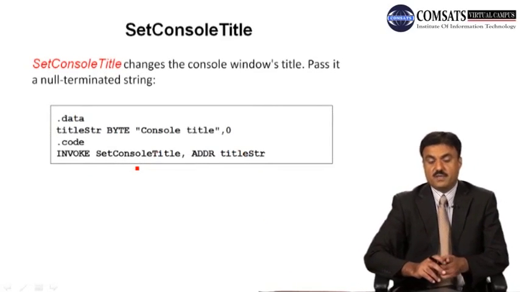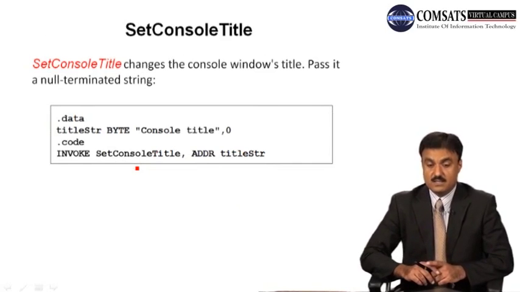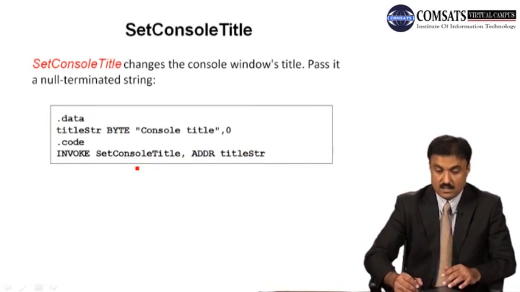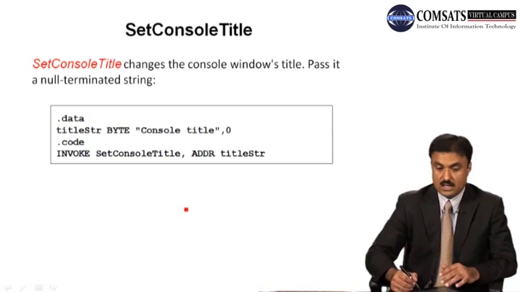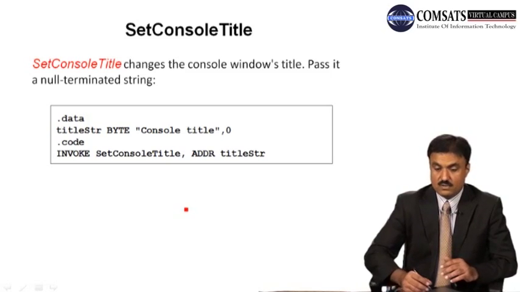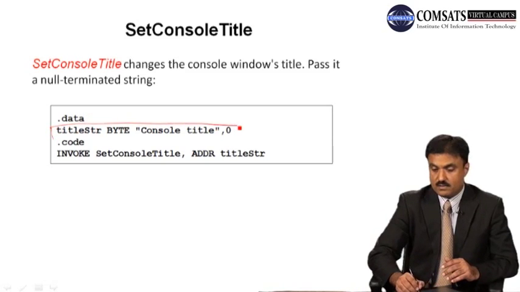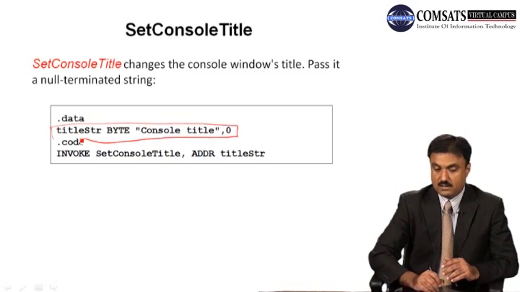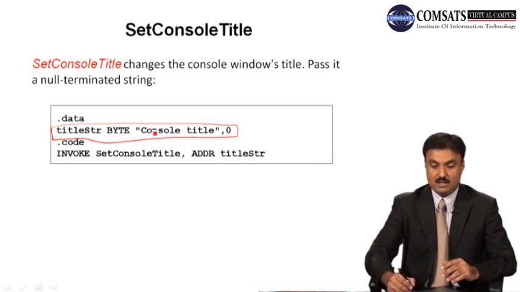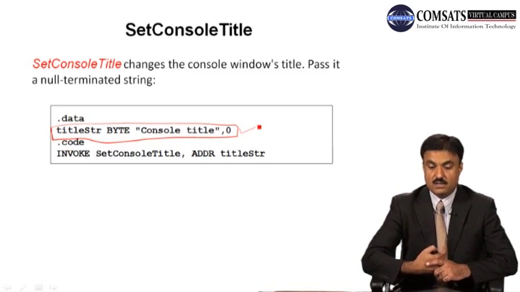And then we have SetConsoleTitle. If you want to set the title of the console window, there's no need for handles in this one. You will write the string that will show the title you want to set for the console window.